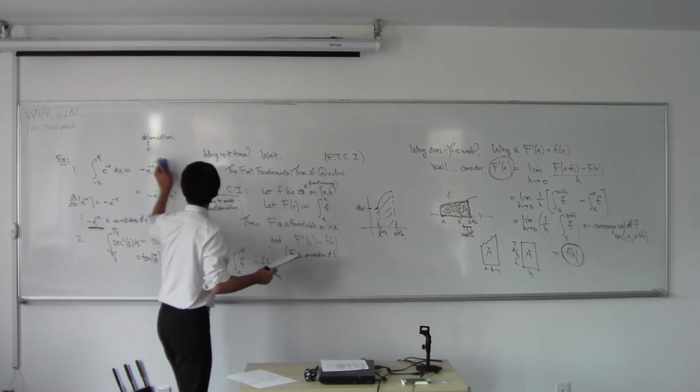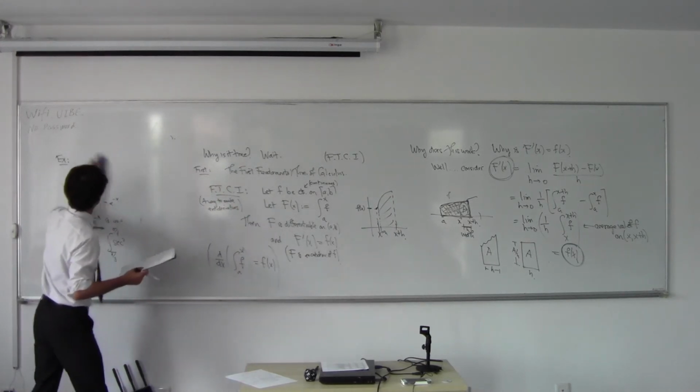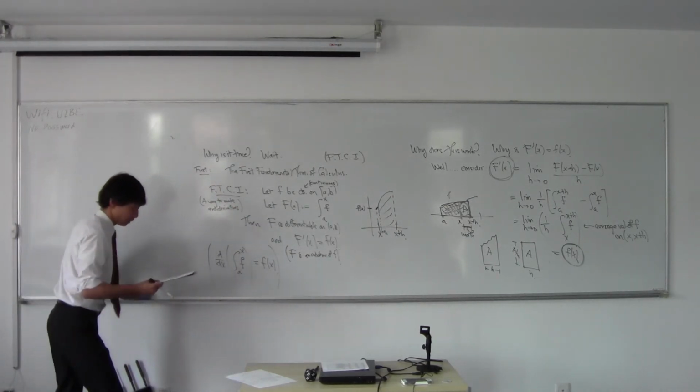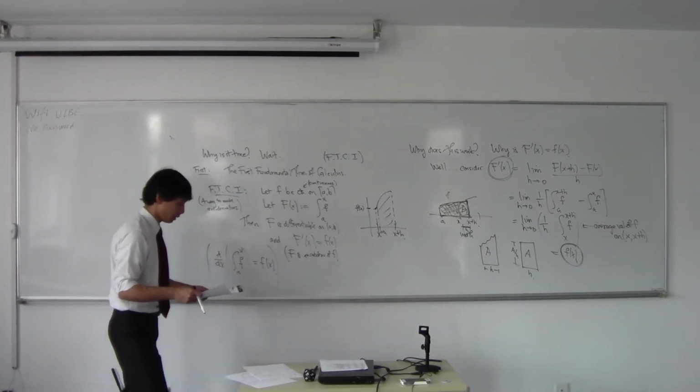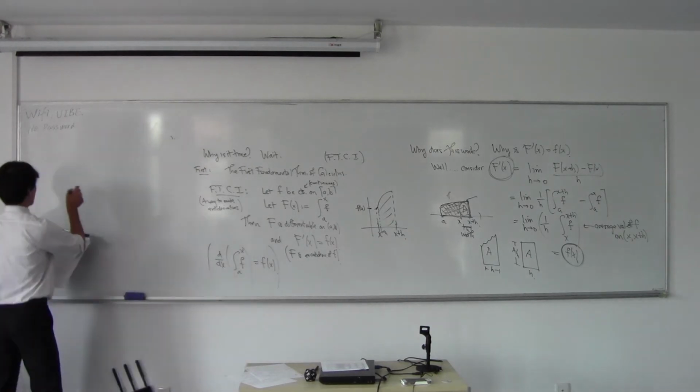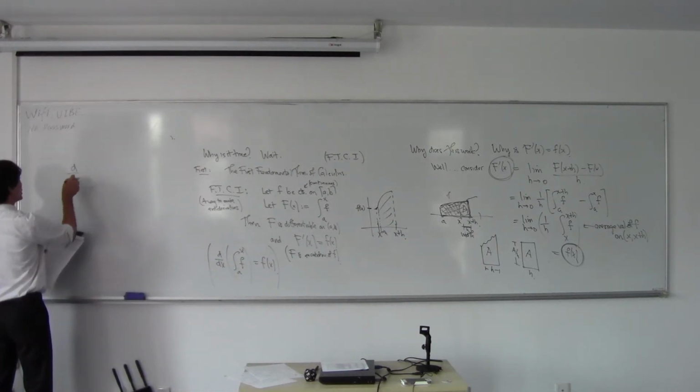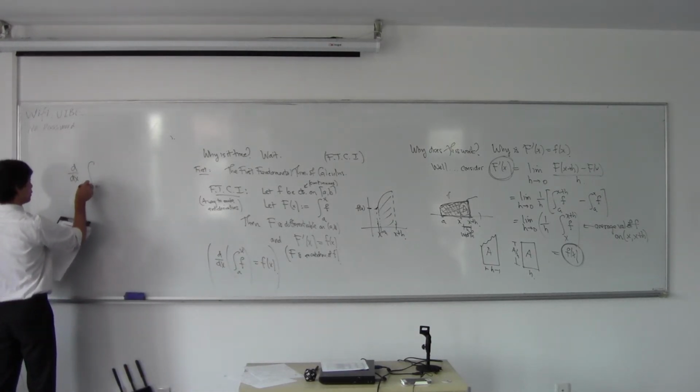Okay, so for example, if I say something like this, what is the derivative of the integral from 0 to x of e to the t squared dt?